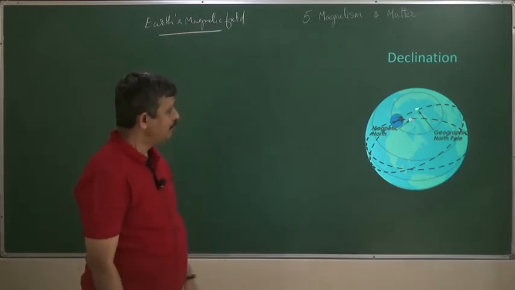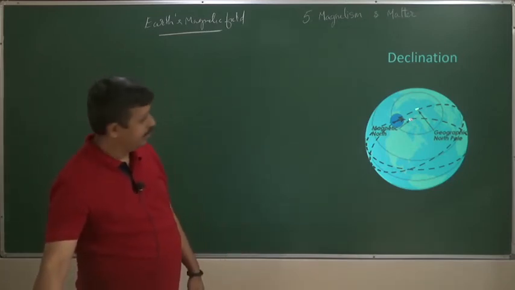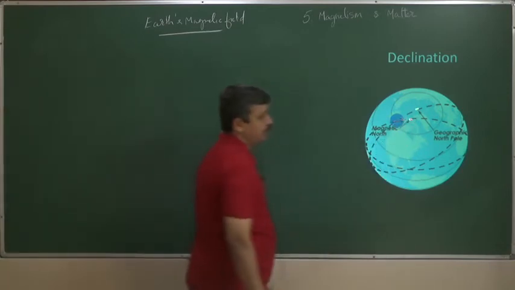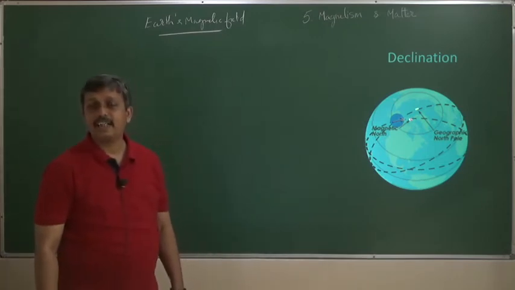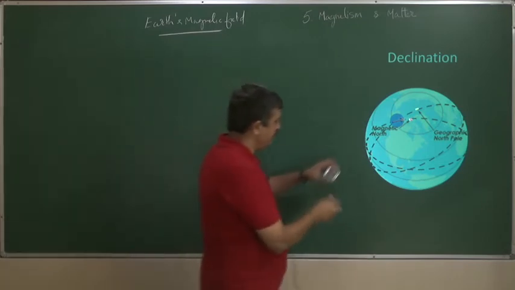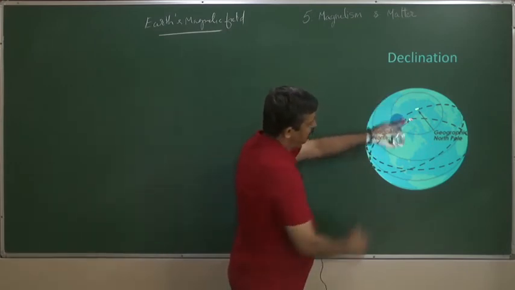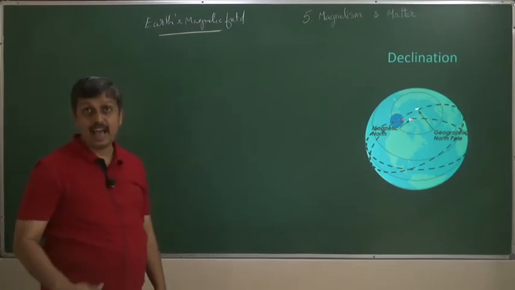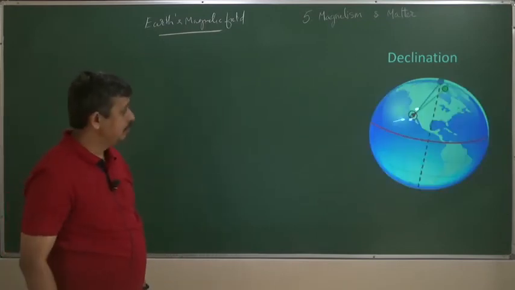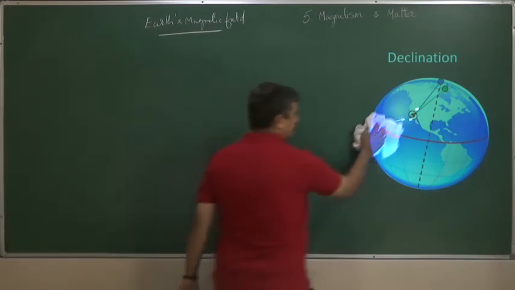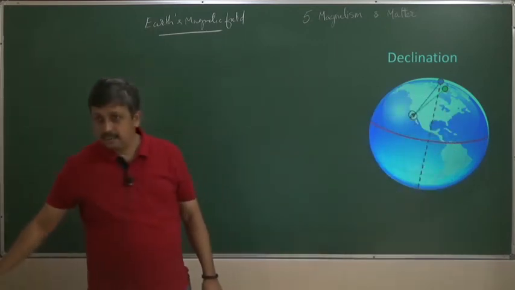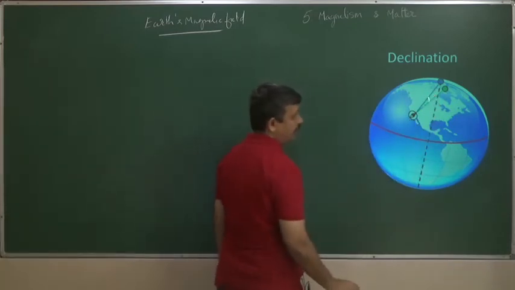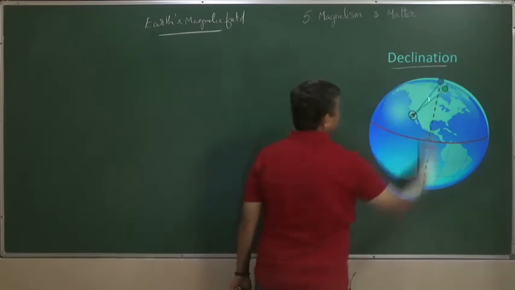Now once you do that, you can see that this is the direction in which it shows. At that direction, it actually turns. If I keep it here, it turns towards this point. The angle between what is true north and what is magnetic north, this angle, we call declination.